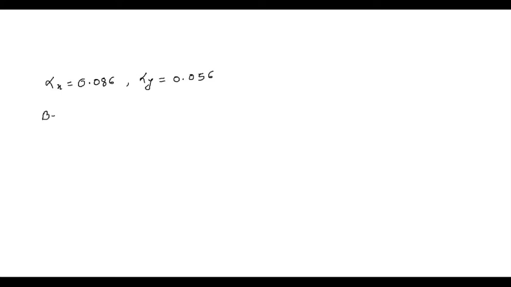So I will write here bending moment. Bending moment in x direction we will calculate according to clause D-1.1, page number 90. It is given as Mx, the moment in x direction.